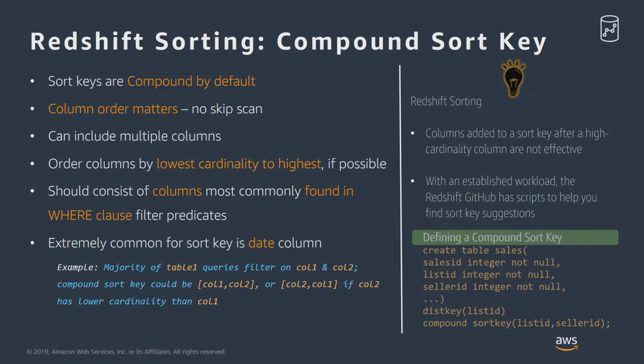If not, then you are not taking the advantage. So always think about which columns you often use in the where clause, and try to create sort keys on those columns. And another thing, the column order matters. So suppose you know that columns A, B, and C, all 3, you are going to use very often.